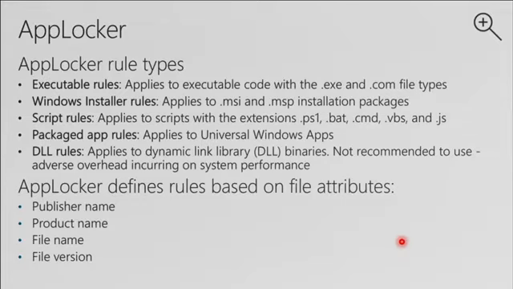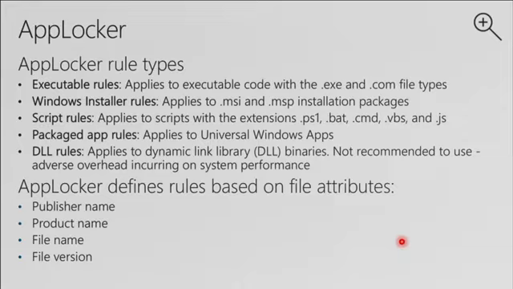About AppLocker. AppLocker is not a new feature as well. Actually, we had one even older, software restriction policies, you remember maybe more than 10 years ago. AppLocker rules, how to build AppLocker rules, rule types. You can establish different rules for executable files, for Windows installer files, for scripts, including PowerShell scripts, for packaged app rules, for universal apps, DLL rules as well.